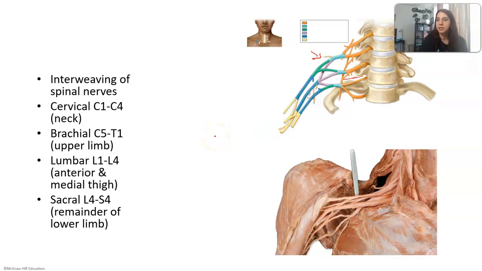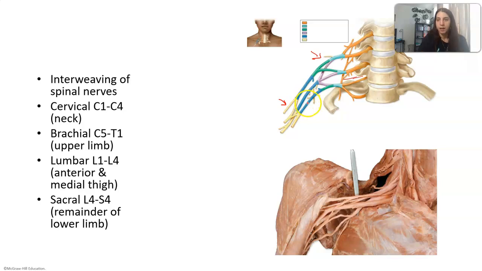It is a merging of motor and sensory roots that come together and form a spinal nerve. Then the spinal nerve splits into the rami. Here's your anterior ramus, and it's got all of these different branches. And here in yellow is where your spinal nerves come out.